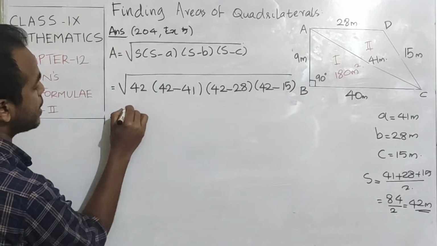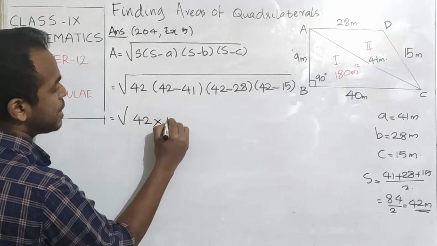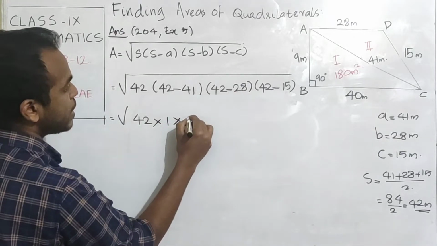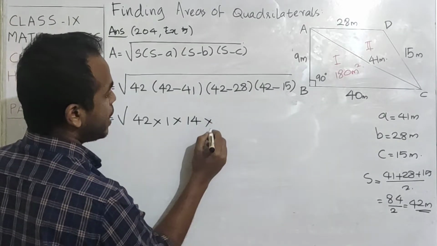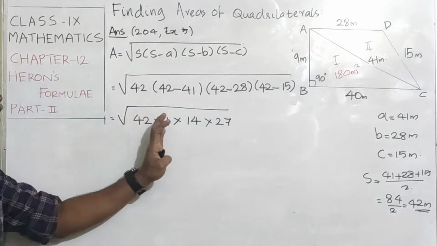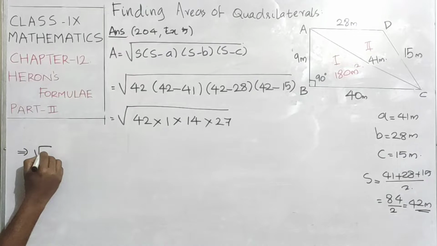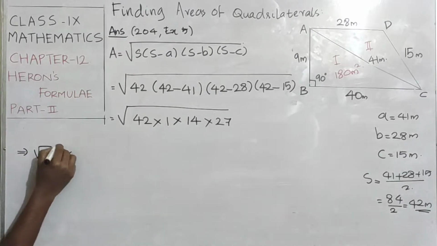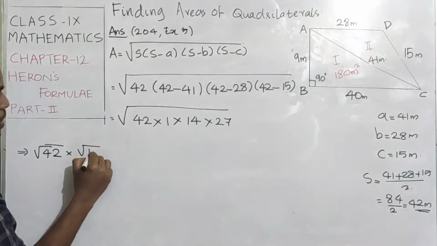We will get 42 into, what is 42 minus 41? It is 1. 42 minus 28 is 14, into 42 minus 15 is 27. We will split each term, then it will be very comfortable for you, I think. That is root of 42 into root of, we don't need to find the root of 1, it's already 1.